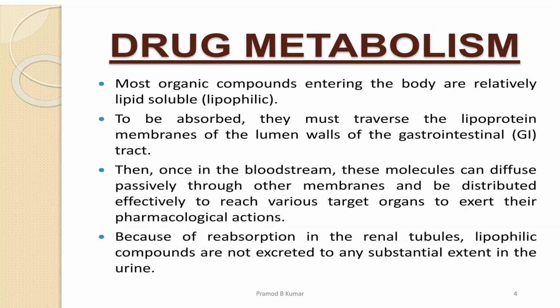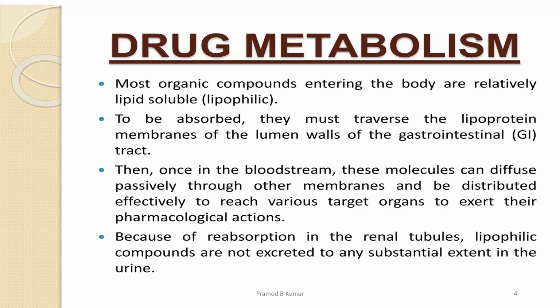As we know, most of the drugs which we take are lipophilic in nature. To be absorbed, they must cross the lipoprotein membrane of the luminal wall of the gastrointestinal tract. That is the most important point. If a drug is too polar, it will not get absorbed, it will be excreted as such. So in order to penetrate the GI luminal membrane, they have to be lipophilic.